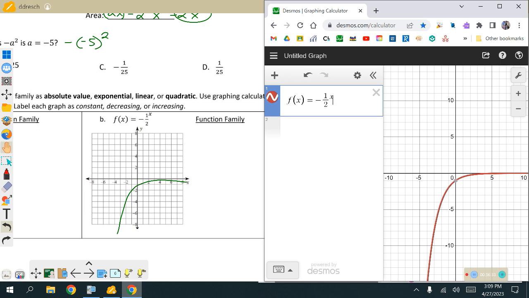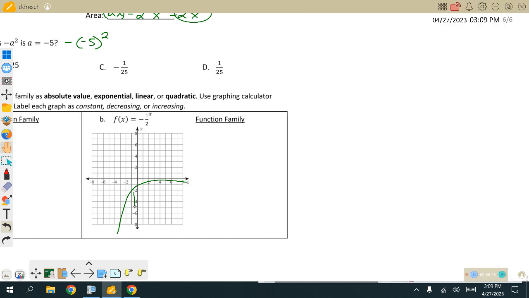Are your eyes going up or down, left to right? Increasing. That is correct. And this is again part of our exponential family, because it is to the x power.